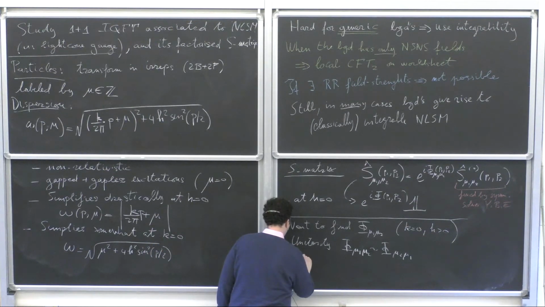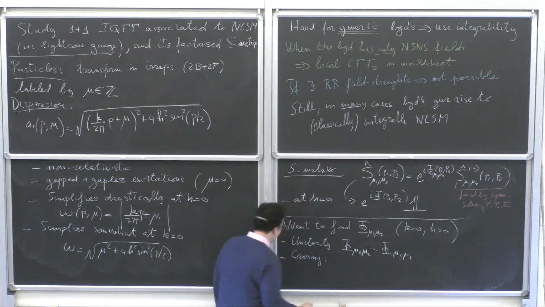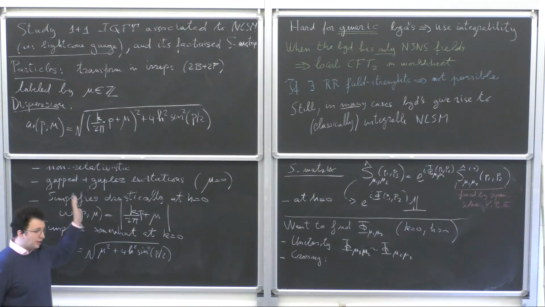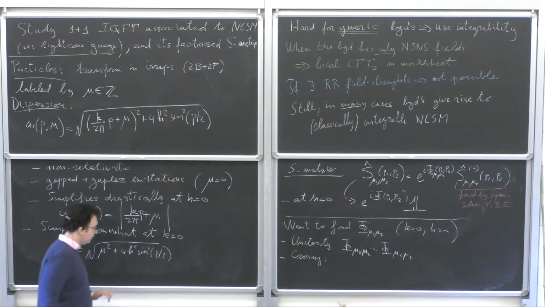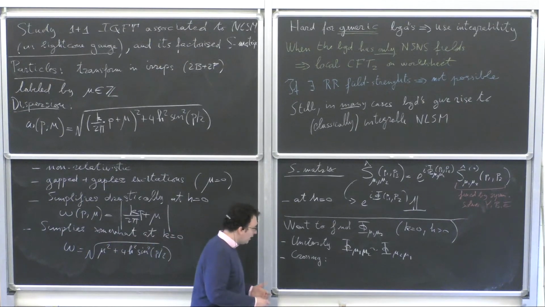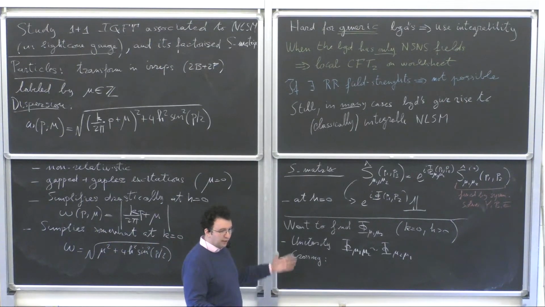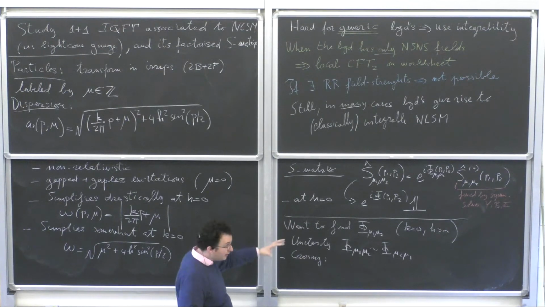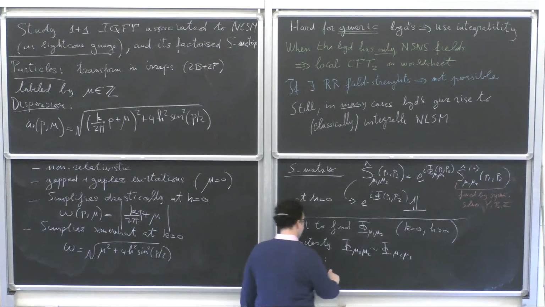I want to use a crossing symmetry. Even if this theory is non-relativistic, it still has the crossing symmetry that you can understand as arising from a property of the homologic of the algebra of this model under particle-to-antiparticle transformation.